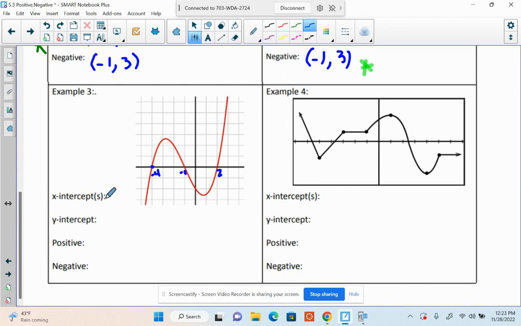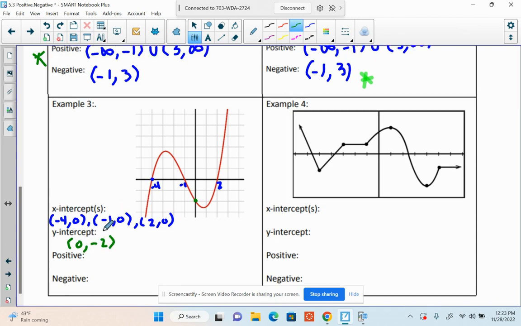So we've got (-4, 0), (-1, 0), and (2, 0). Those are our x-intercepts. Then for our y-intercept, we have (0, -2) again. We're going to assume that we're counting by 1. Seems like we can only get -2s out of this.